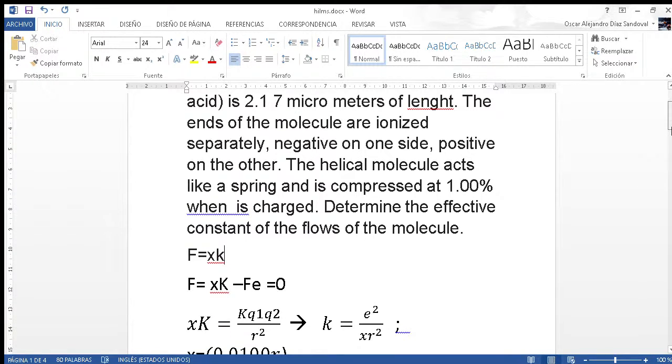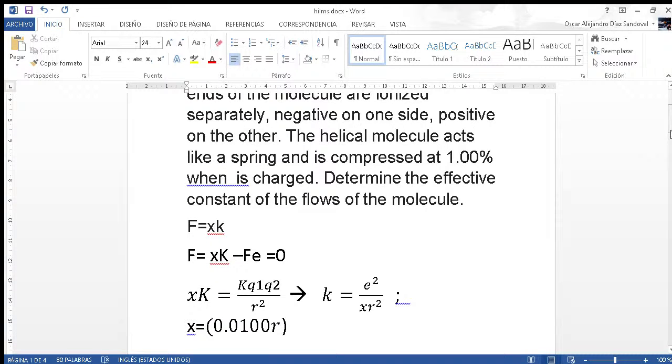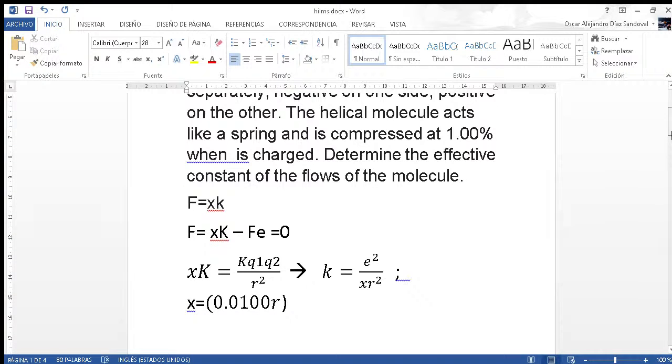We are going to have two forces, the electrical force and the elastic force that is given by this law. So we are going to have a static balance when we have the elastic force that subtracts the electrical force, and we are going to have 0.